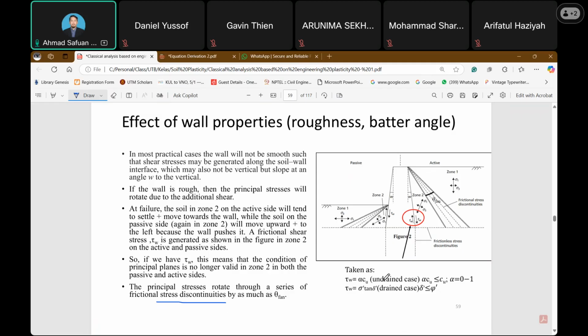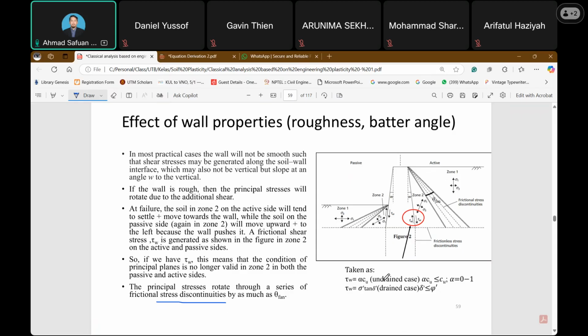For the drained case, it is different, where sigma is multiplied by tangent delta.